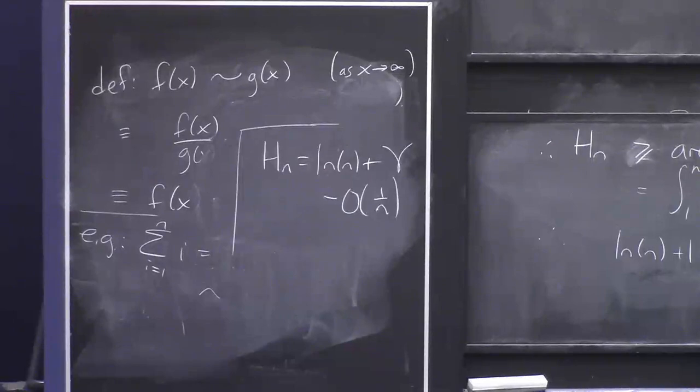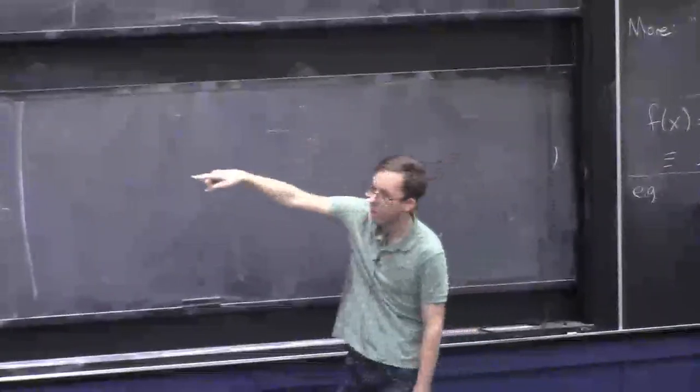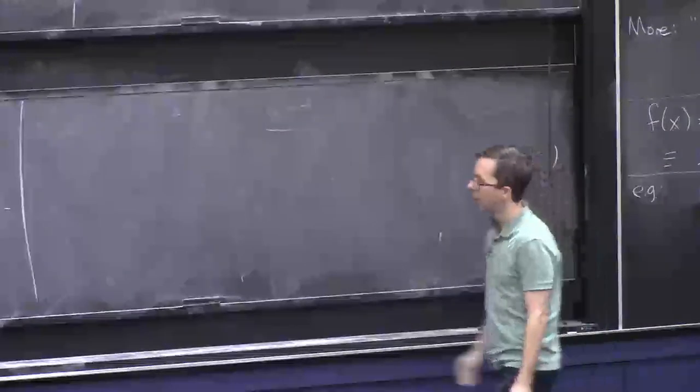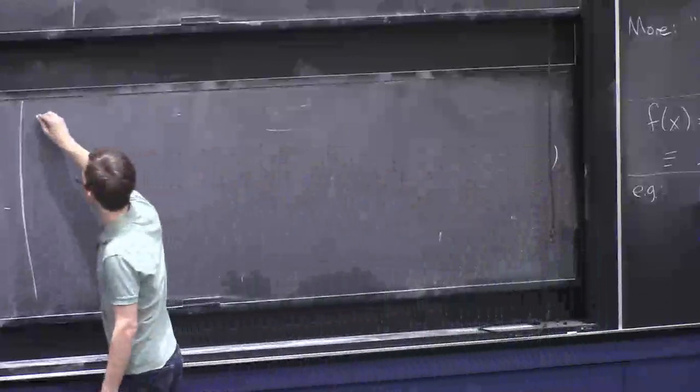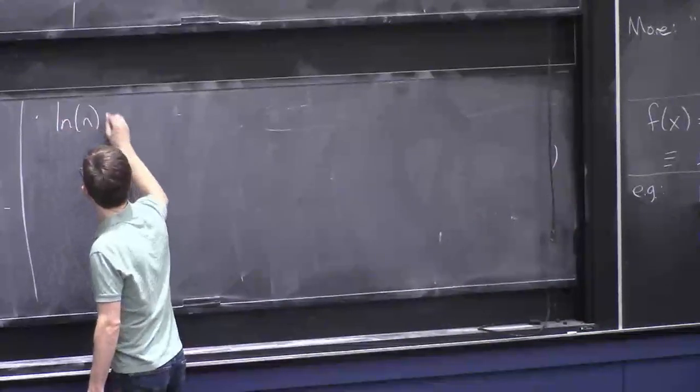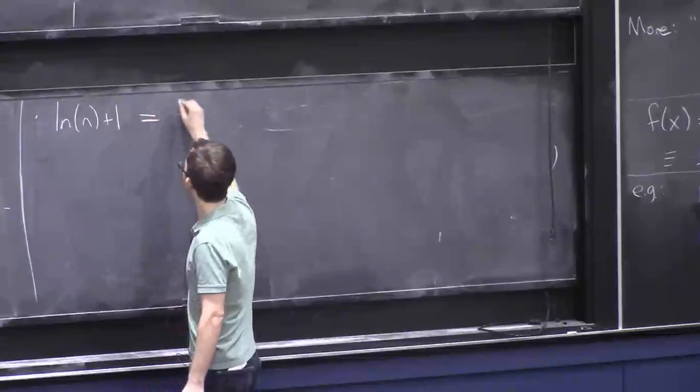OK, so let's try to compare these two quantities to exactly ln n. This is an example of trying to get some function to look asymptotic to another function in standard form. For the first one, ln n plus 1, it's a little bit easier because we can just factor out the desired expression.